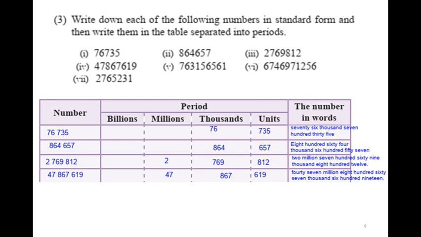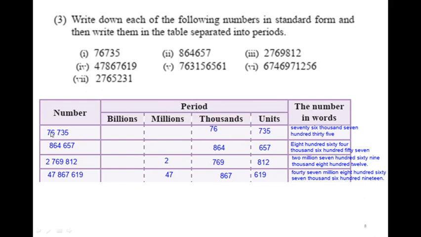Similarly you can group and then put a space or a comma to separate. Next, we write in standard form and then we fill in these periods or zones.